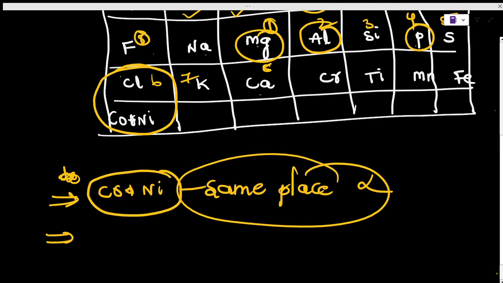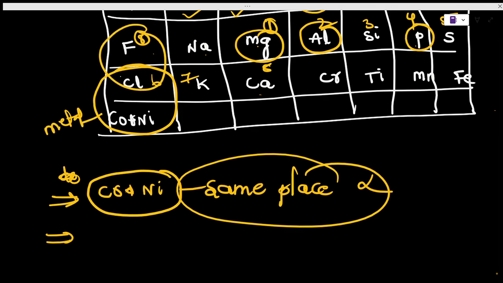Second, cobalt and nickel are metals, but fluorine and chlorine are non-metals. They are electronegative, while metals are electropositive. According to him, the eighth element should have similar physical and chemical properties, but here this is false. That means he arranged metals and non-metals in the same group.